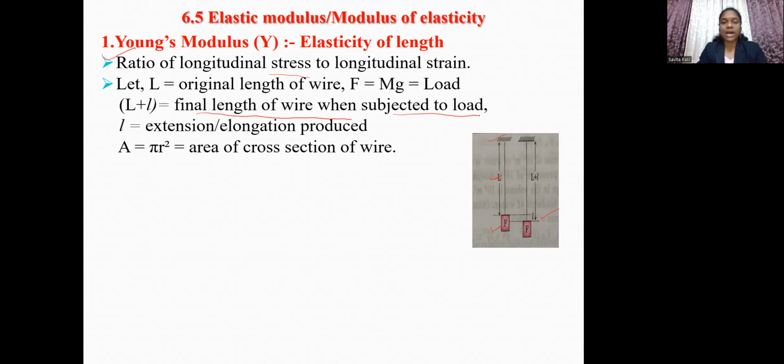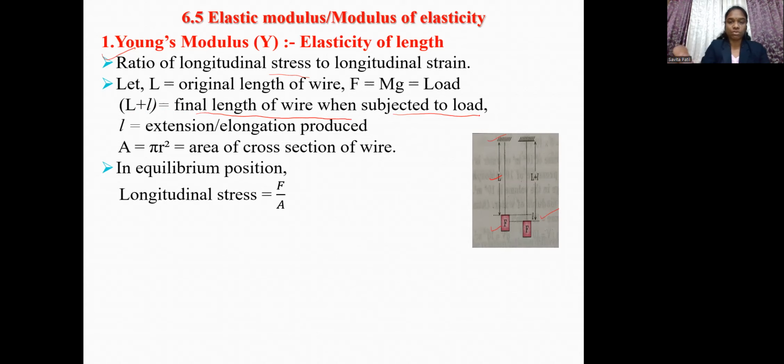Now, when the wire is in its equilibrium position, let us write the equation for longitudinal stress. It is equal to applied force upon area. Substituting force equal to mg and the area, we get longitudinal stress equal to mg upon pi r square.